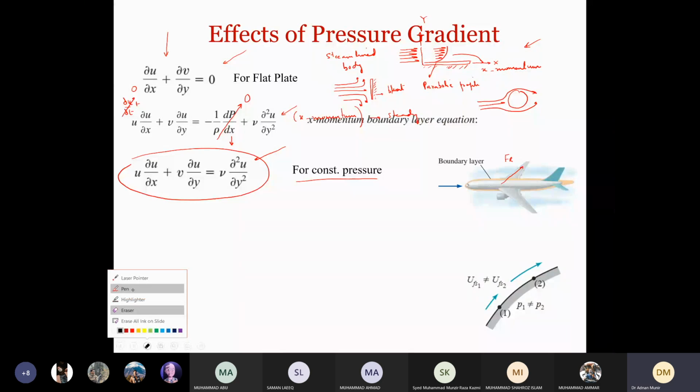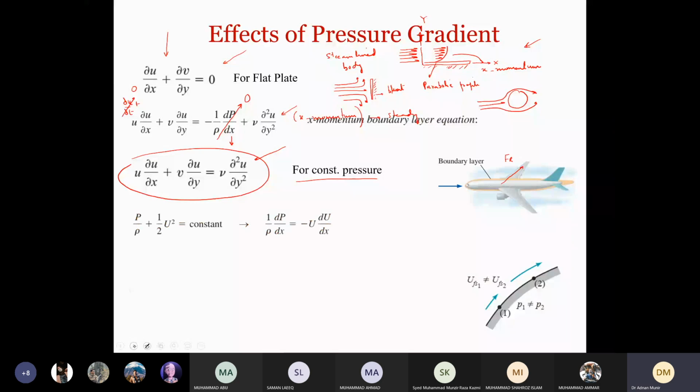Now we know from Bernoulli's equation that, this is just showing you a surface. This can be a wing surface, this can be a circular cylinder surface, and then we have 2 points. At point 1 we have pressure P1, and at point 2 we have pressure P2.